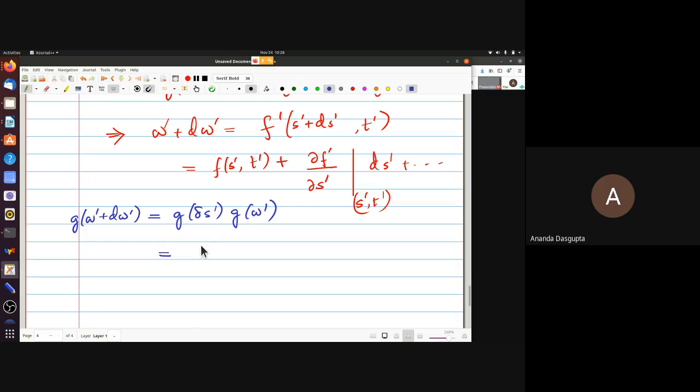The reason why I'm doing this should be clear very soon, but this tells you that in this way of looking at things, W prime plus dW prime is, sorry, how much is this? This is going to be f of delta S prime, W prime. So that is fine, but this actually makes life a bit easier for us because this is again a Taylor expansion, but a Taylor expansion where one argument is 0, right?